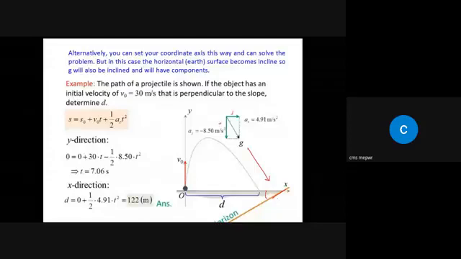If this angle is 30 degrees, then the angle between the perpendicular and the vertical will also be 30 degrees. I mean, this is the angle between this one and the horizontal. So the angle between the perpendicular and the vertical will also be 30, right?